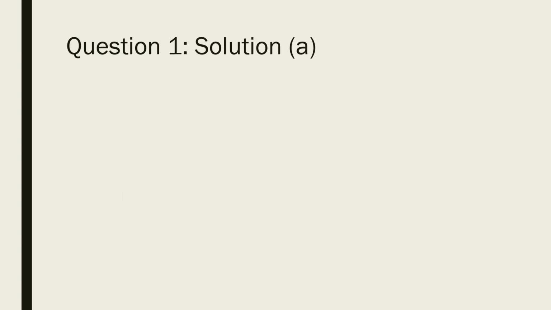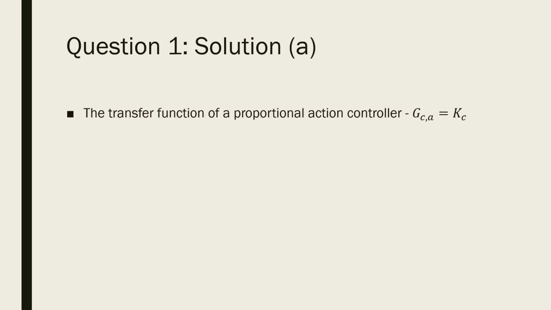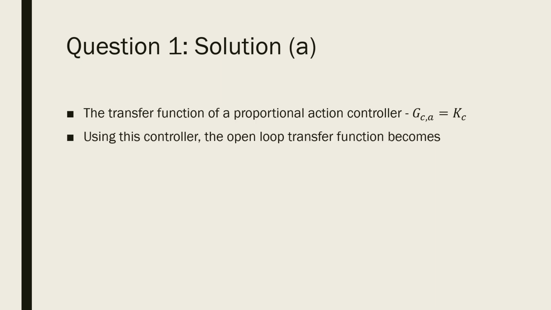Let us begin with the solution to part A of the question. Here, we choose to control the process G(s) using a P-type controller. This controller is described by the transfer function Gc_A equals Kc, which is the gain of the controller. Therefore, the open loop transfer function becomes the product of the process transfer function and the controller transfer function.